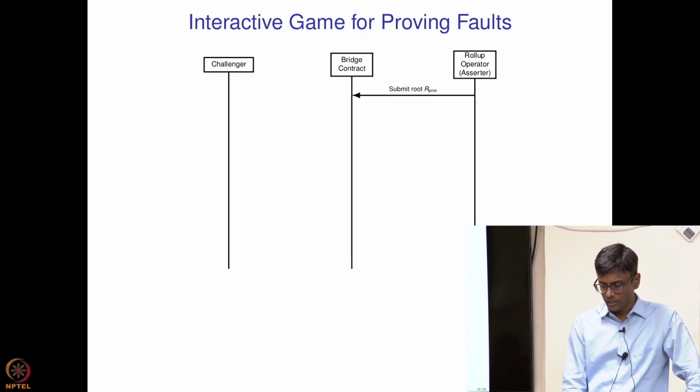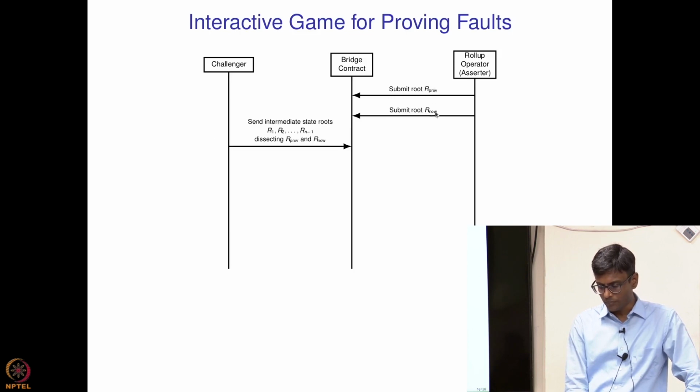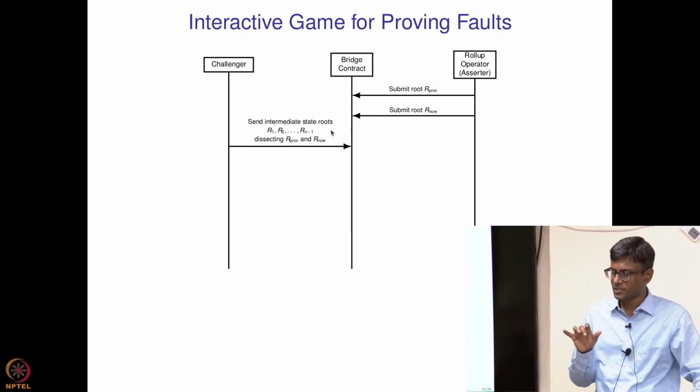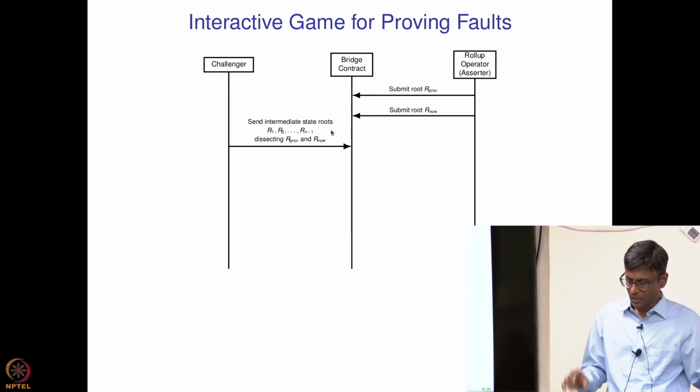So the asserter publishes a state root, R new. R previous was the previous state root, nobody disputes that. Then it publishes a new state root R new. Then the challenger says, no, there is something wrong with your new state root. I am going to publish n-1 intermediate state roots between R previous and R new.